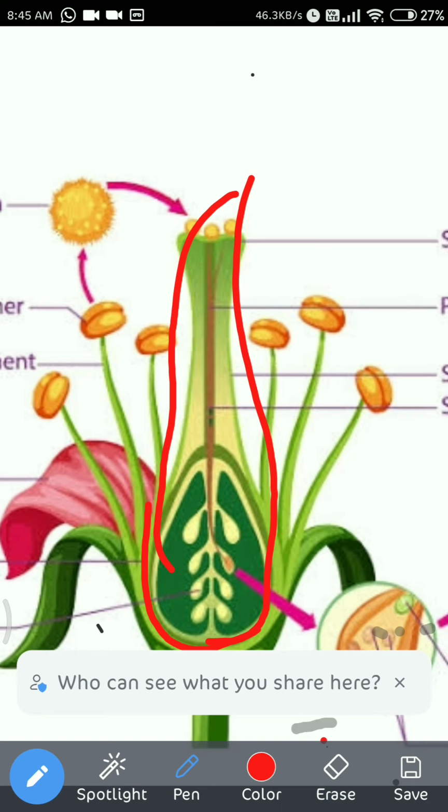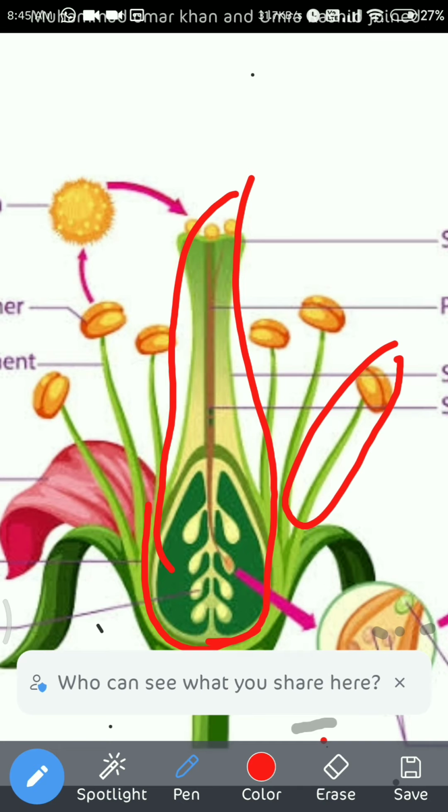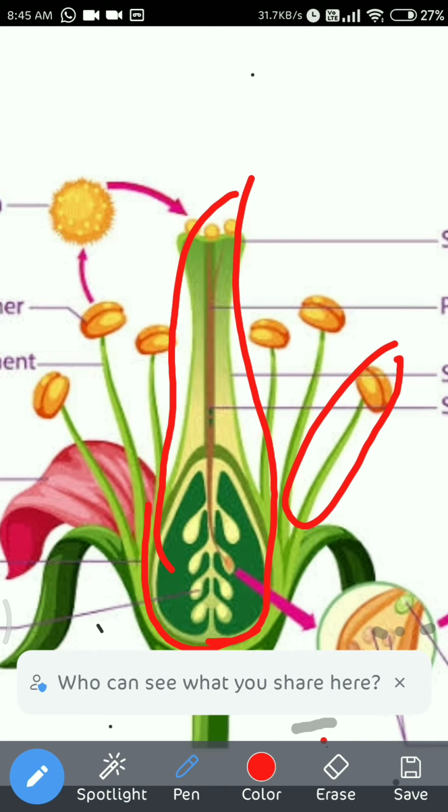These are all names of the female reproductive part. In the same way, another name for the male reproductive part is stamen or androecium.